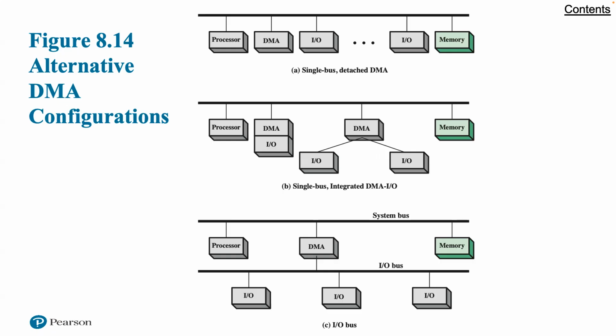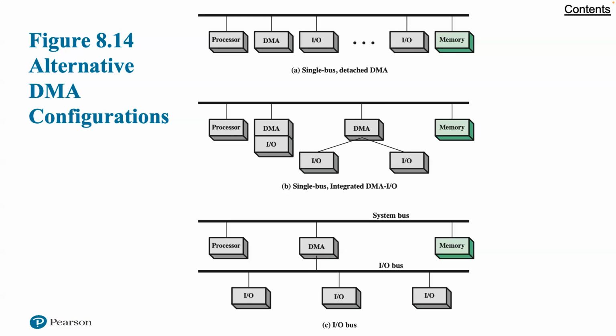The DMA logic may actually be part of an I/O module, or it may be a separate module that controls one or more I/O modules. This concept can be taken one step further by connecting I/O modules to the DMA module using an I/O bus. That's what's shown in figure 8.14c. This reduces the number of I/O interfaces in the DMA module to one and provides for an easily expandable configuration.